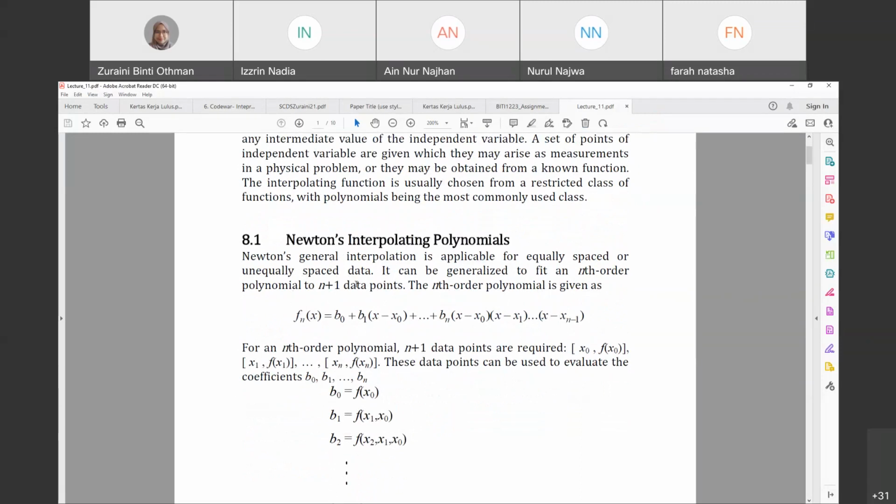What is the Newton interpolating polynomial? We learn about the Newton interpolating polynomial.